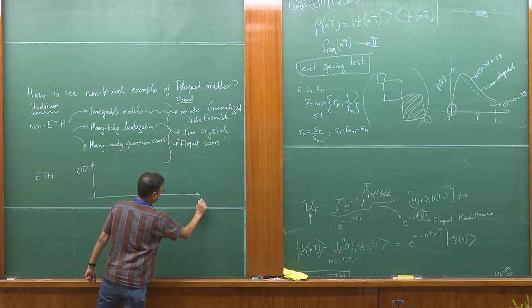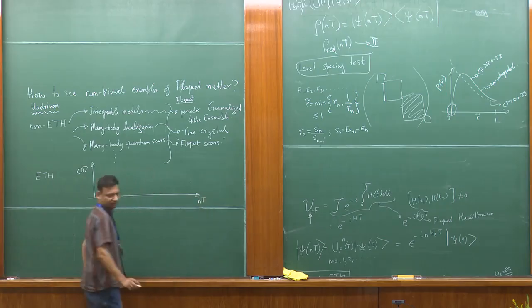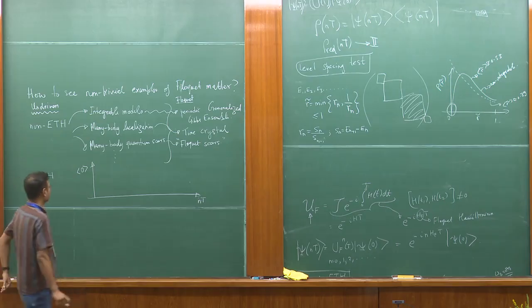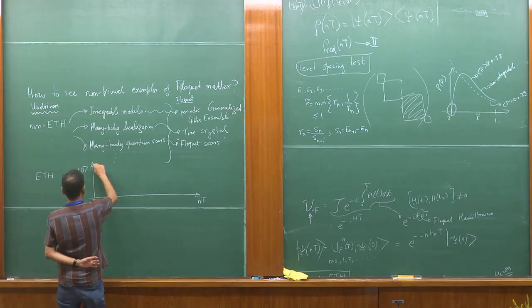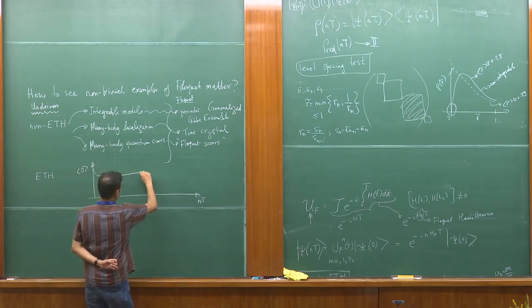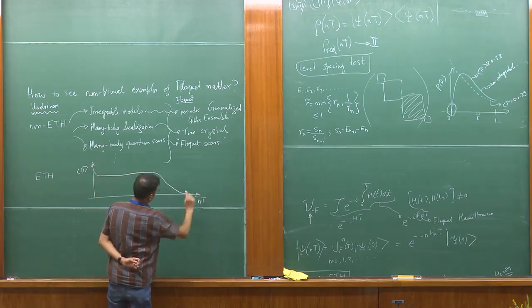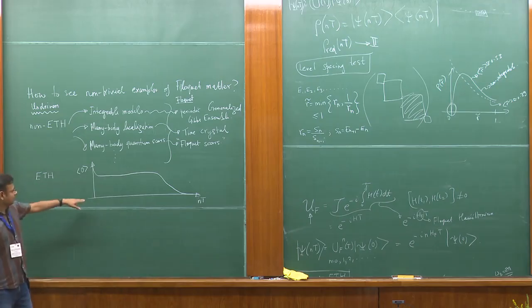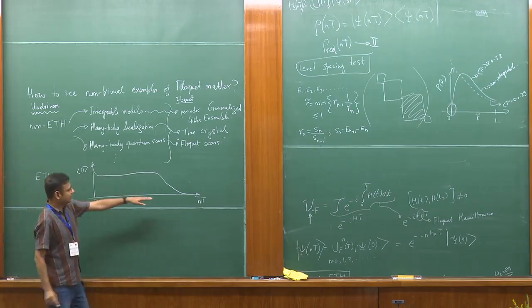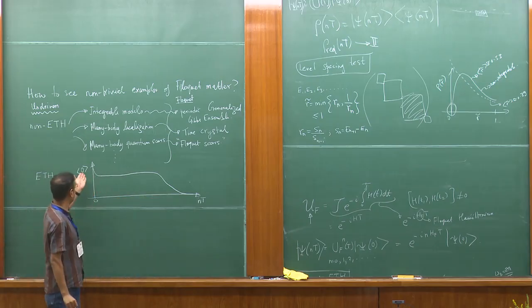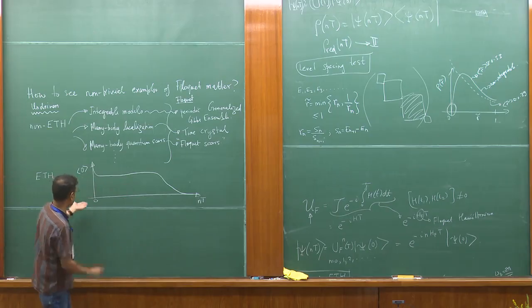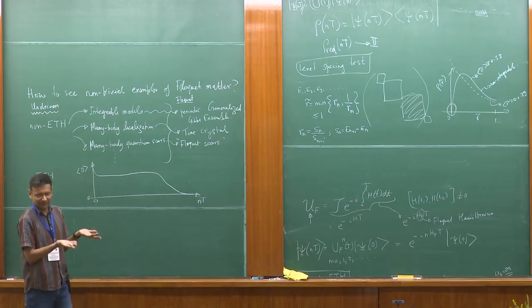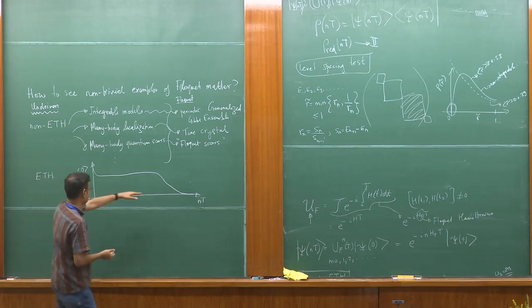So let me just put n times t as a time axis. So maybe I'm just looking at it stroboscopically. So maybe something like this can happen. So let's say this is 0. So let's say the late time infinite temperature value of this operator is 0, just for convenience. It could have been anything else.